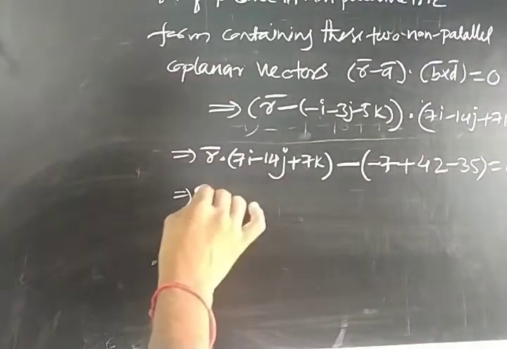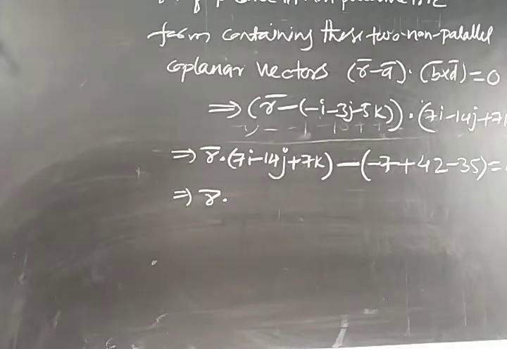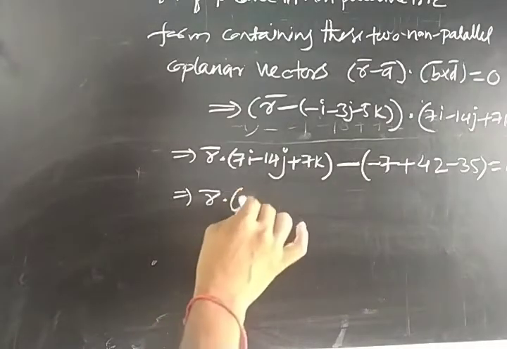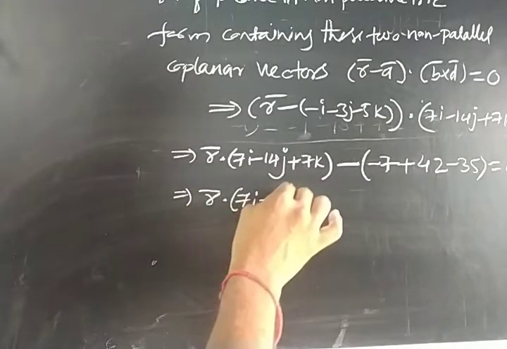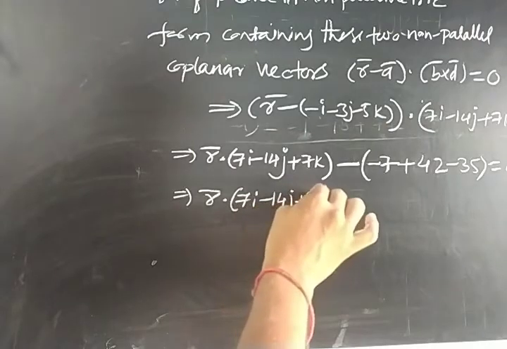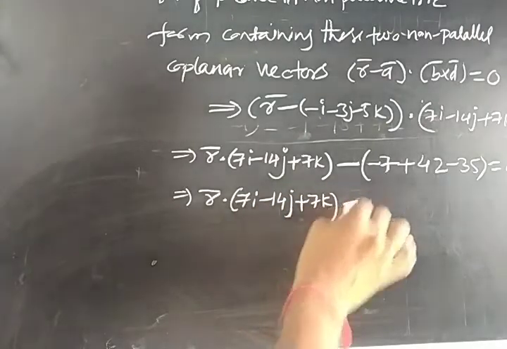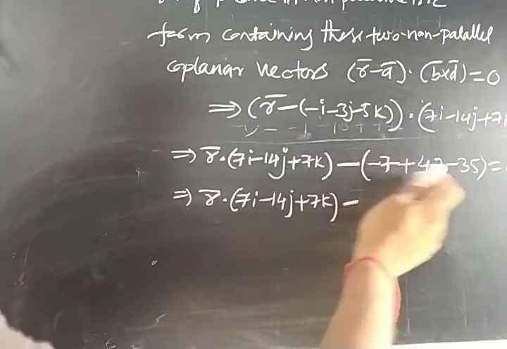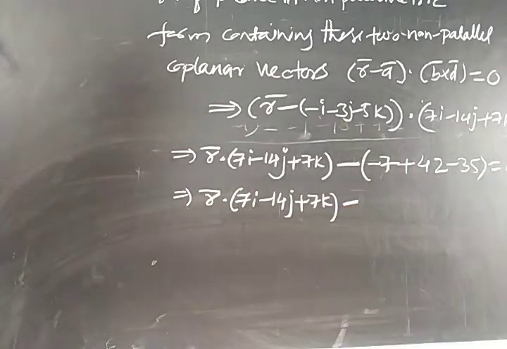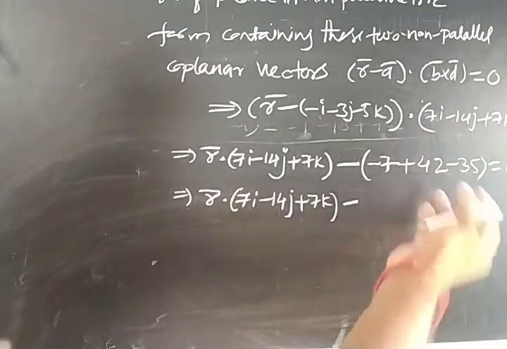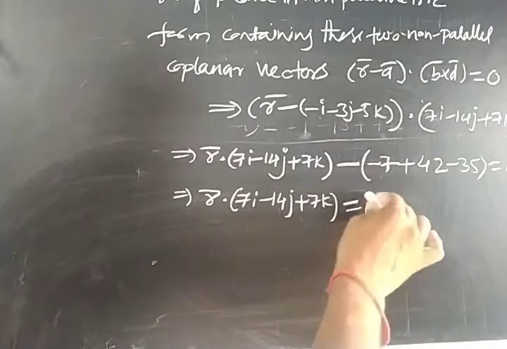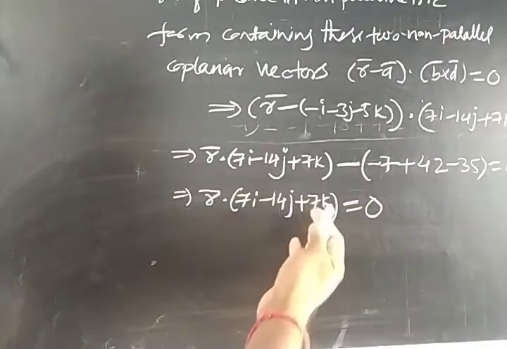So r bar dot (7i minus 14j plus 7k) minus 7 minus 35, 42 plus 42 cancel, so r bar dot (7i minus 14j plus 7k) equal to 0 is the required plane equation.